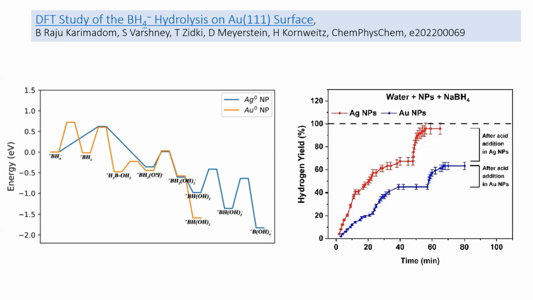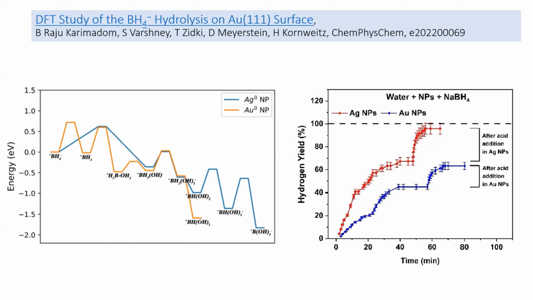On gold, the mechanism is quite different. The first hydrolysis step to form BH3OH minus is composed of 3 steps, as you see in one. First of all, we get BH3, and then it reacts with water, and finally hydrogen is released, and we get BH3OH minus.